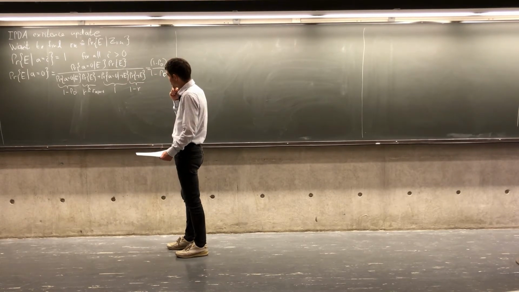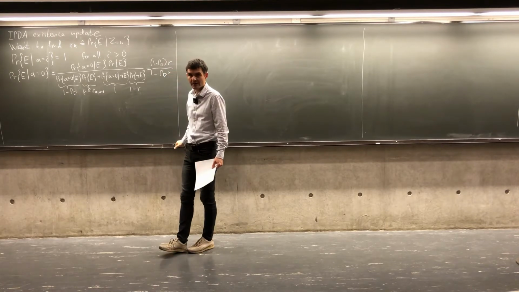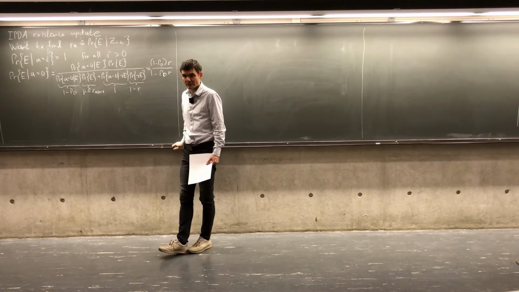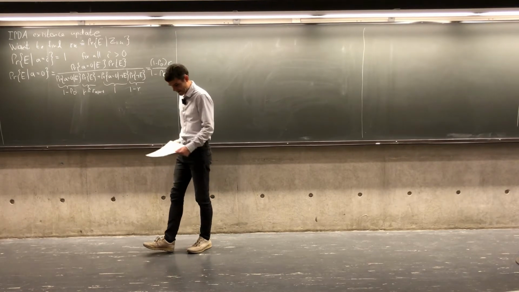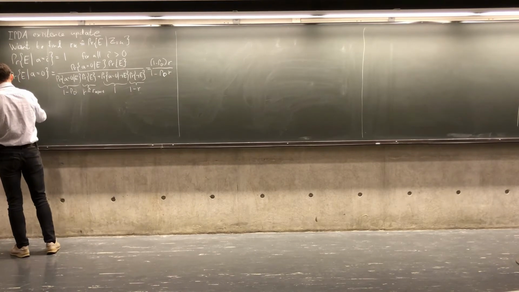The next step is that I need to say something about the probabilities of the association events, and I'm going to base this on what I already have done for the PDA. So I need to recall that result.